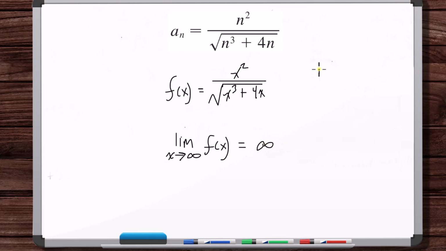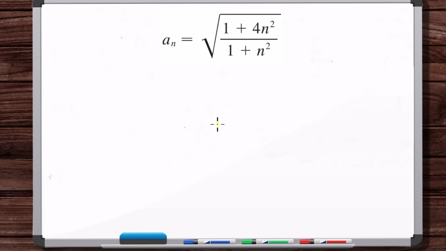So this limit diverges and it's equal to infinity. Okay, so here we can just replace n with x and do the same thing we've been doing, but let's go ahead and see if we can use another theorem as well, just to practice.